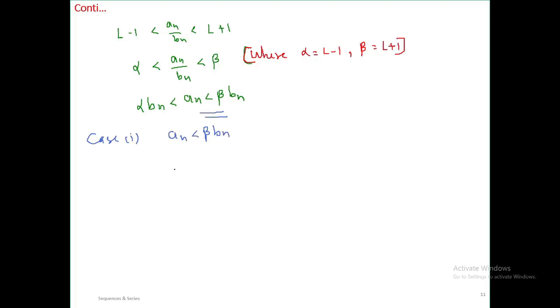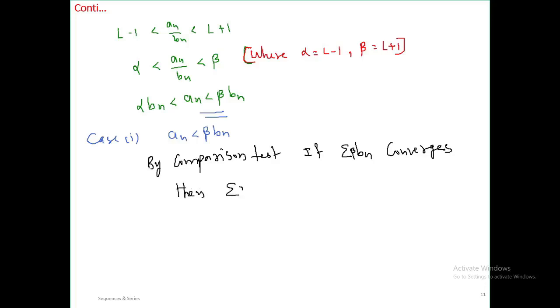So by the comparison test, if series bn converges, or you can write beta into bn, no problem, series beta into bn converges. If the upper bound converges, then series an converges. An also converges.